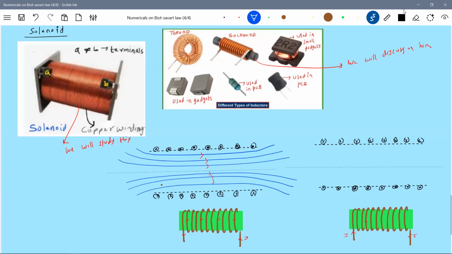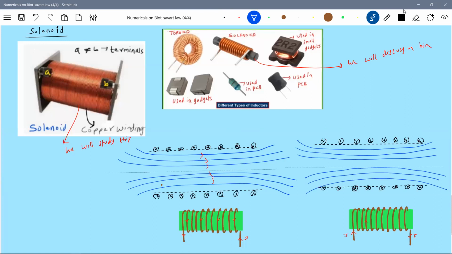Similarly, what about the lines of force here? The magnetic field lines of force.